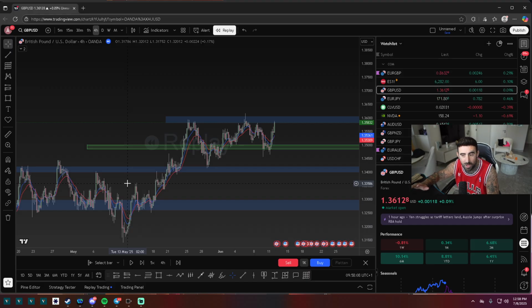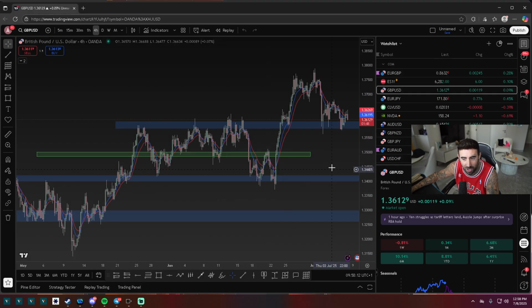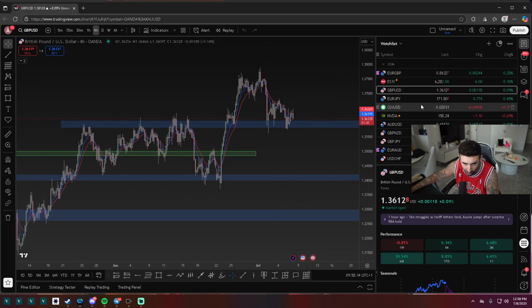But the one thing you can't really do is try to identify psychological key levels on things like gold, because every 20, 30 pips can be a psychological key level on gold. This is strictly for trying to identify it on pairs.